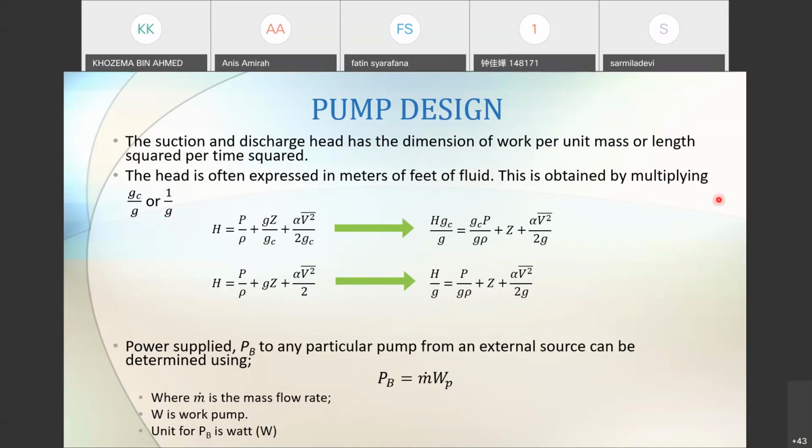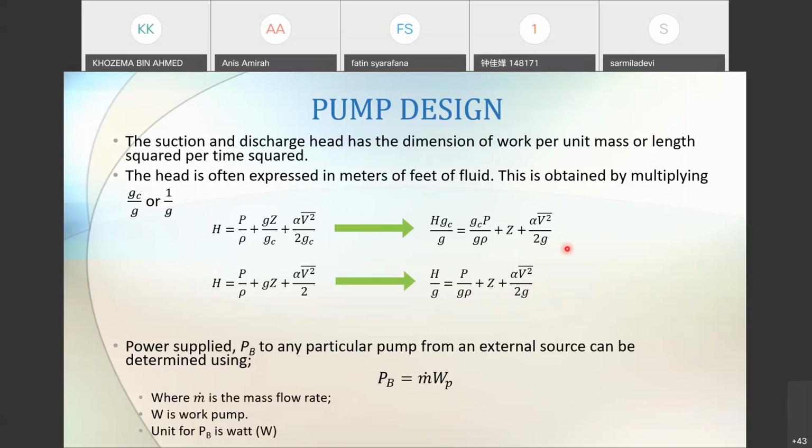So to do this, we just multiply this equation by 1 over G, and then you multiply this equation with GC over G.